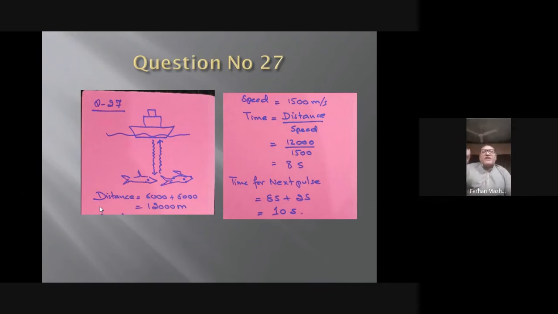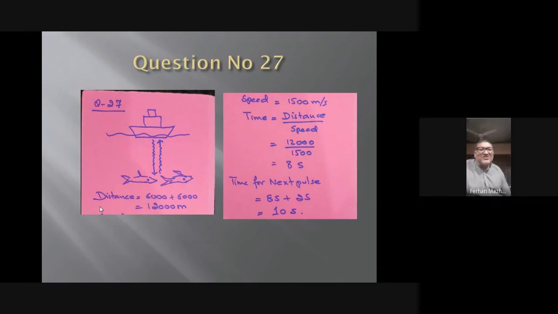They sent the first pulse, and after getting the echo, they waited for 2 seconds and then sent the next pulse. So the echo took 8 seconds to come back, and then they waited a further 2 seconds. So the total time between the first pulse and the second pulse is 8 plus 2, 10 seconds.